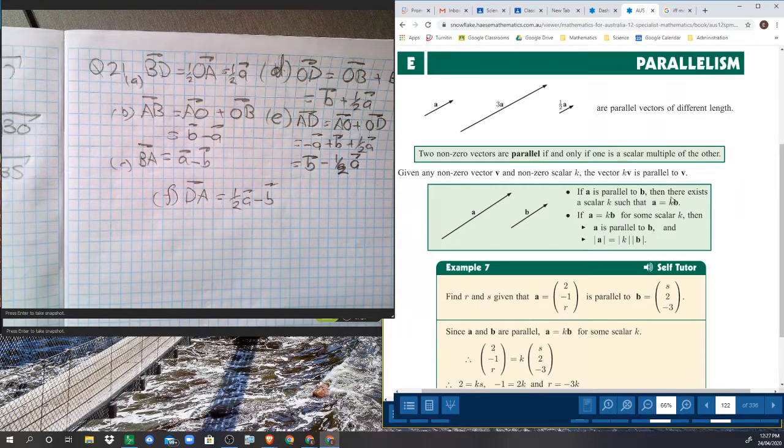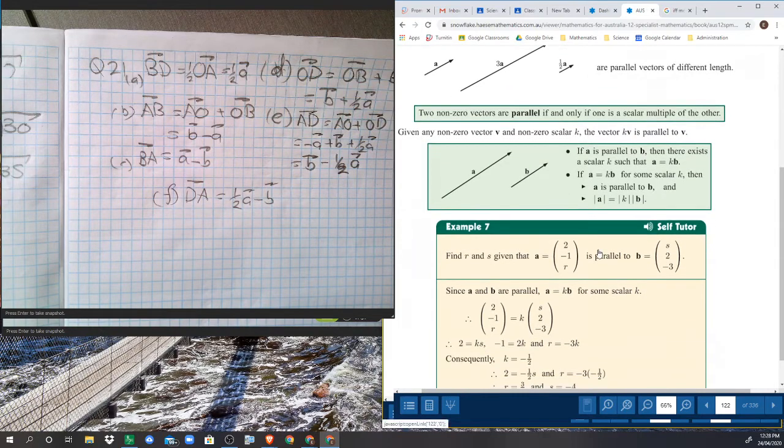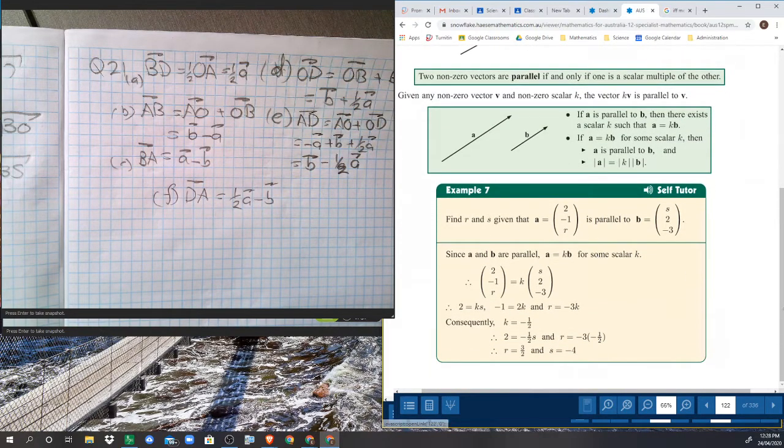If A is parallel to B, then there exists a scalar K such that A equals KB, and if A equals KB for some scalar K, then A is parallel to B. Parallel can also mean anti-parallel, so it can be in the opposite direction. Just a reminder, K can be negative, but this expression would always be true. Yeah, it's simple enough.